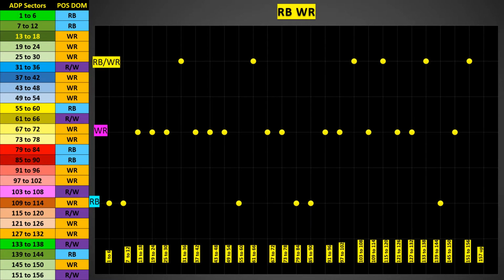So what I have shown is this tendency to move between one and the other.